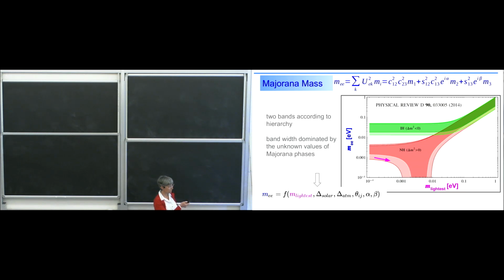So your takeaway from this discussion is that this parameter that I want to be sensitive to has a value of about 20 milli electron volt. This is my goal.